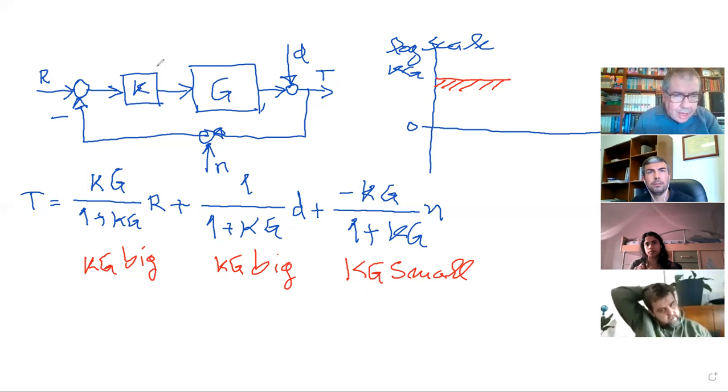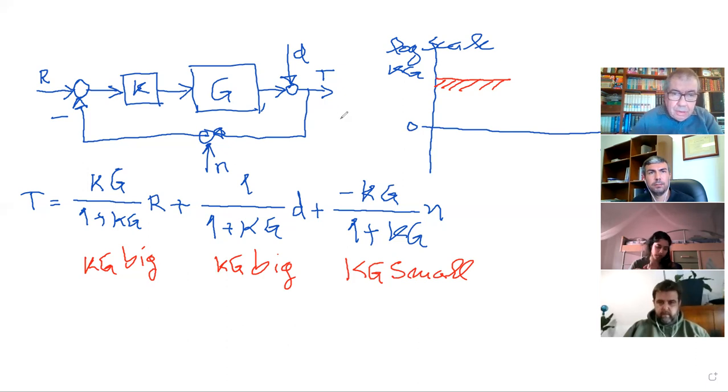Now, if you want to reject the disturbance, kg should also be big. So let's assume it's the same barrier. But now we have the problem of noise n, and to reject the noise, kg must be small.